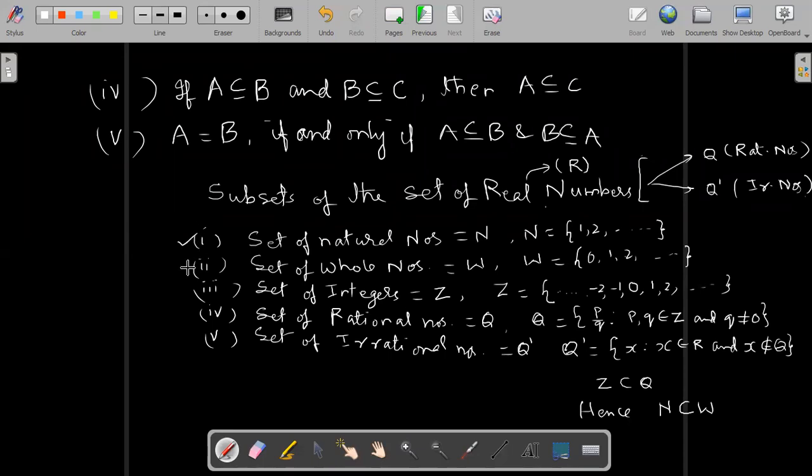Then whole numbers is a proper subset of integers, then integers is a proper subset of rational numbers. Okay.